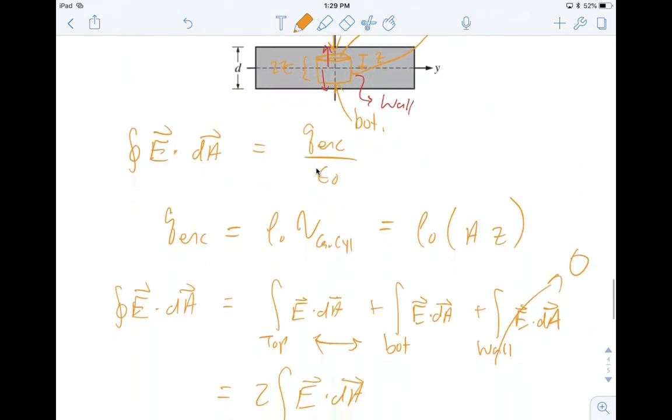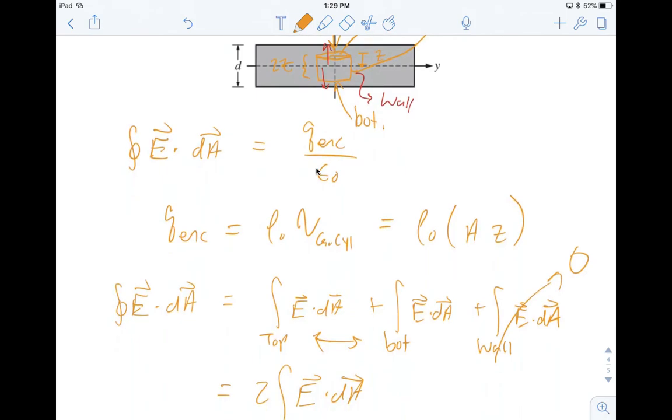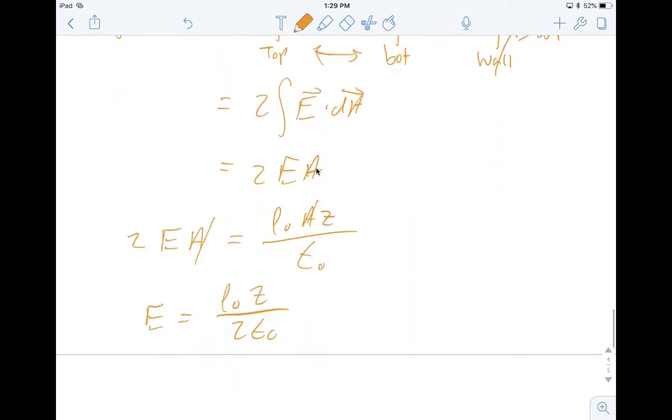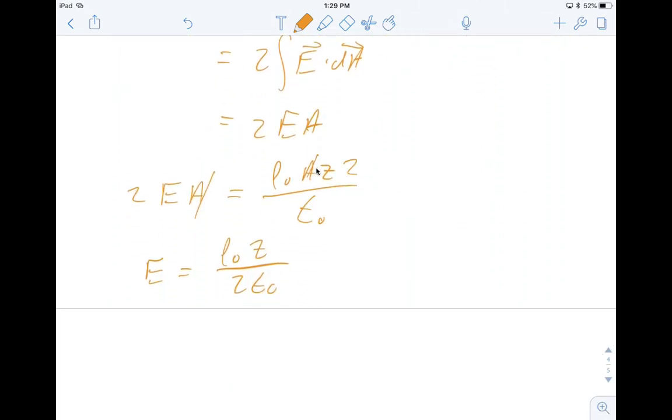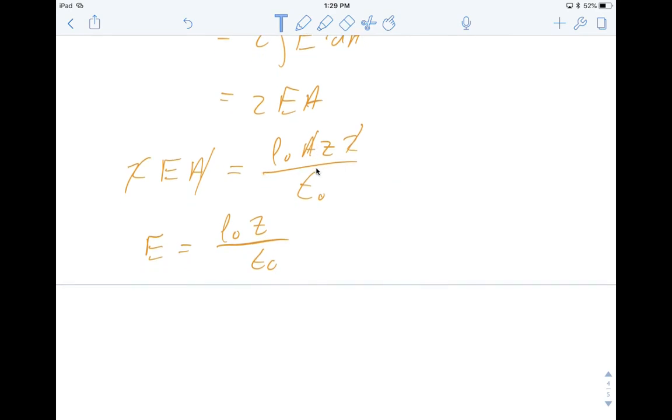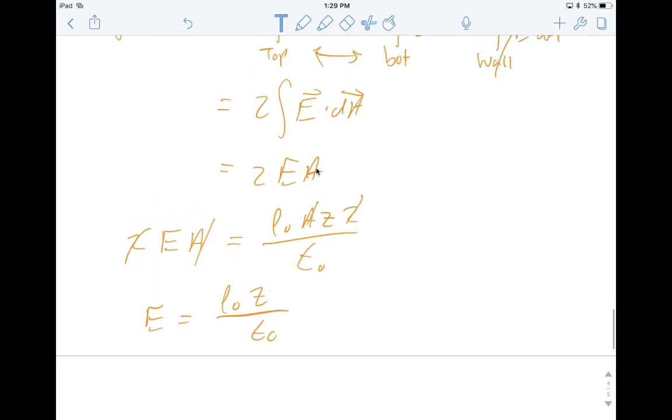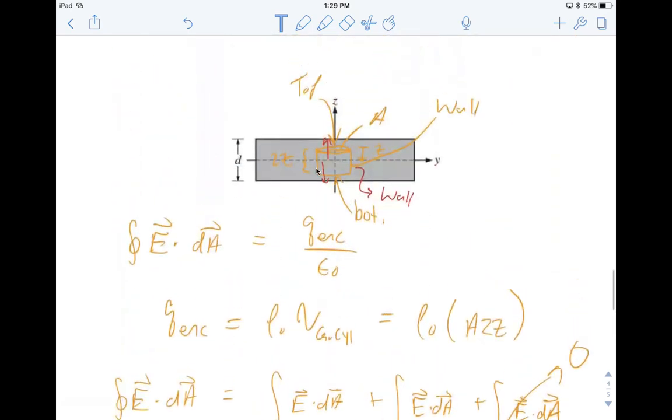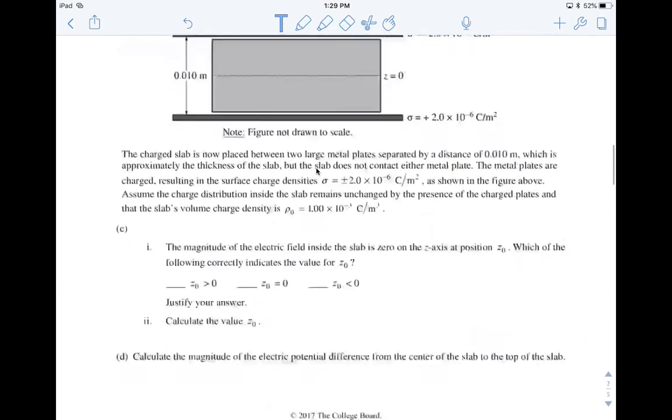When I did Q enclosed, it is rho naught times the area times the height. The height of our cylinder is not just Z, but 2Z. So there should have been a 2 attached here, and those 2's would have canceled out. So there we go, now we got it: rho naught Z over epsilon naught. That was a quick fix. Sorry about the confusion there. And that's all we're going to do for this video.